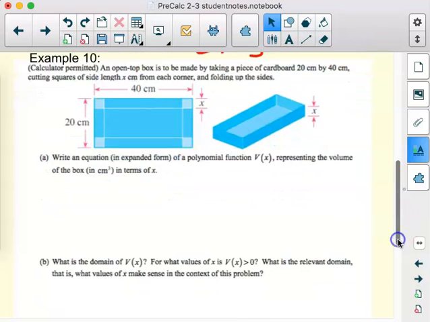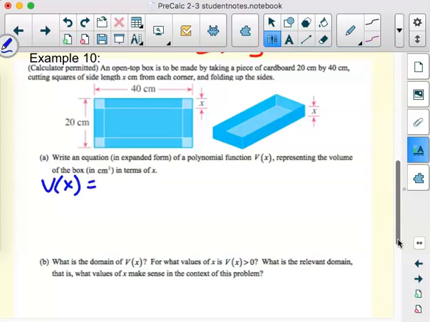All right, so back at it with our polynomials. They definitely wanted us to use v of x, and this one is going to have factors of 40 minus 2x and 20 minus 2x as we cut the x's out of both ends, and then again when we fold it up we'll have an x for the height.